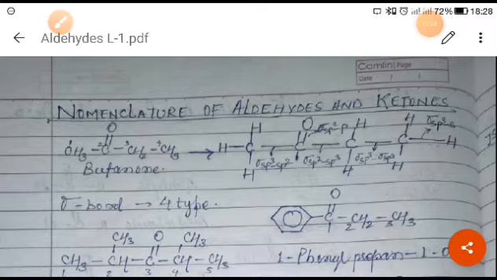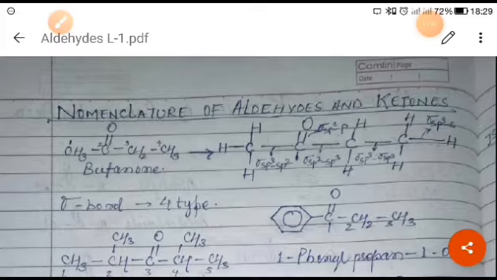This was about the common system. Now, in the IUPAC system, aldehydes are known as alkanals. The name of the aldehyde is derived by replacing E of the name of the corresponding alkane by Al.